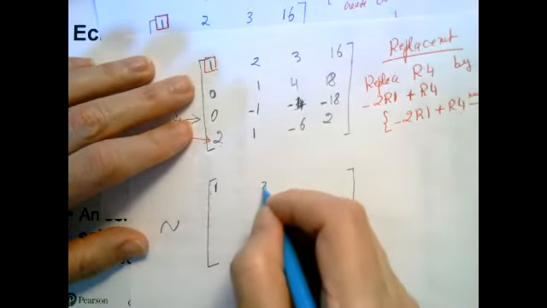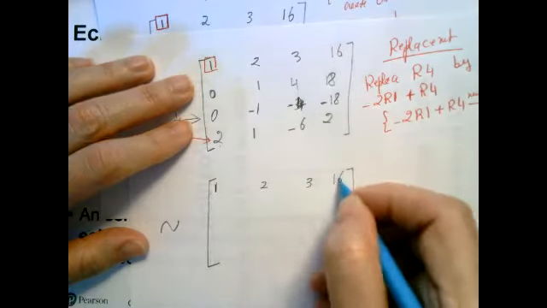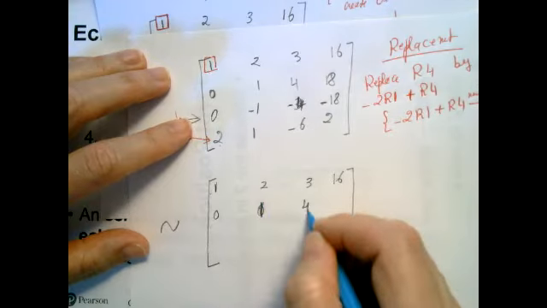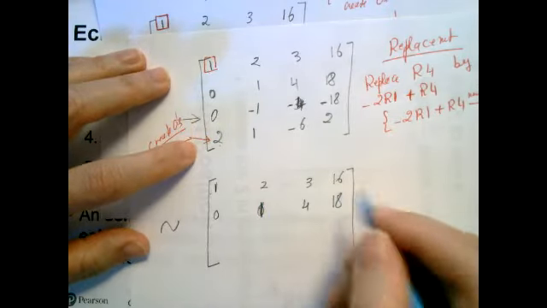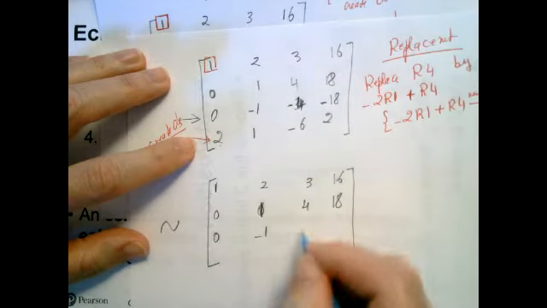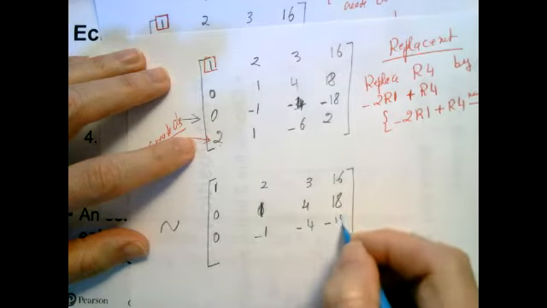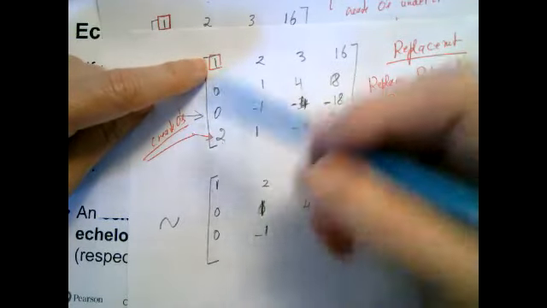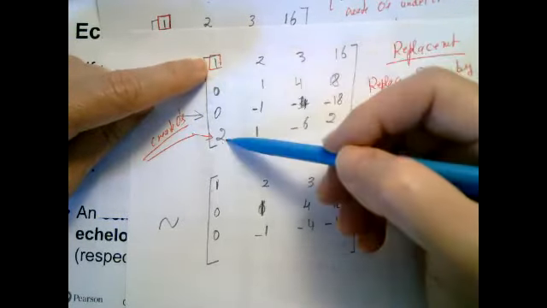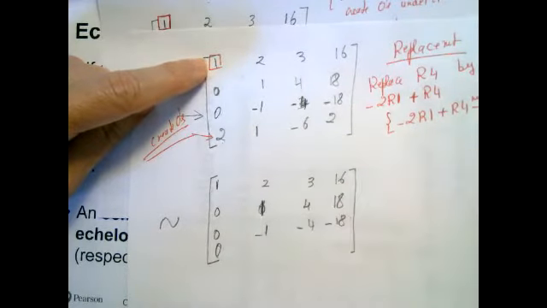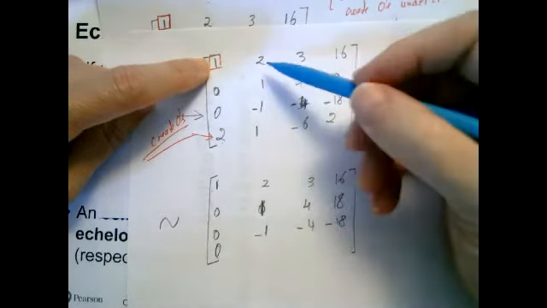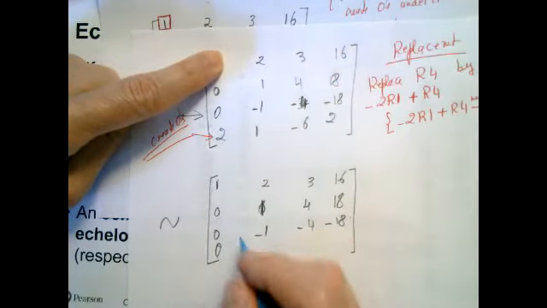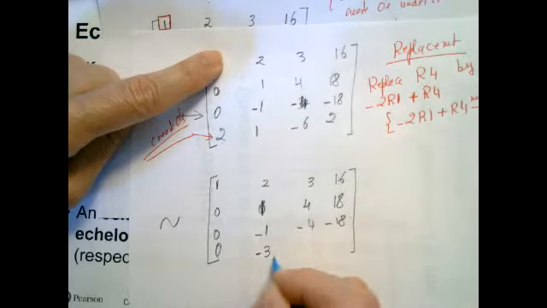So let's say 1, 2, 3, 16, 0, 1, 4, 18, 0, I did not touch those, -18. Now, what did I do? I want to create a 0 here by elementary operation. Minus 2 plus 2, that's how I am getting my 0. Then minus 2, which is minus 4. Minus 4 plus 1 gives me a minus 3.